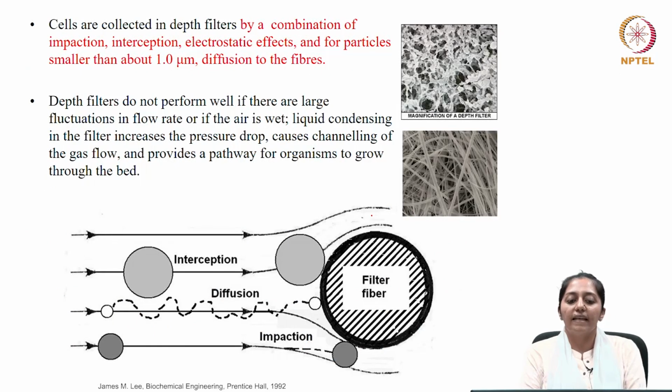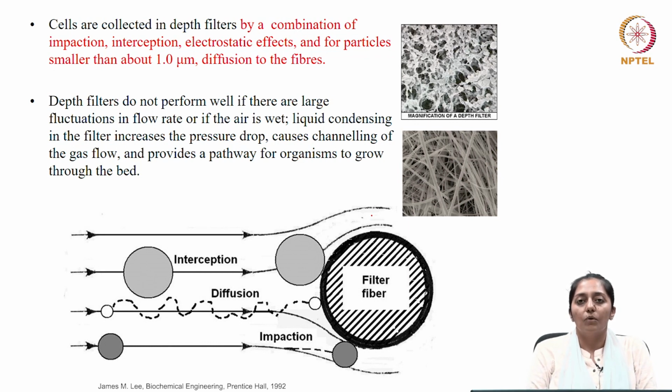So, cells get collected in these depth filters by a combination of processes including impaction, interception and electrostatic effects, and for particles which are smaller than 1 micron, diffusion through the fibers.